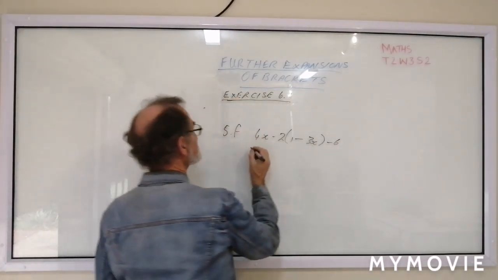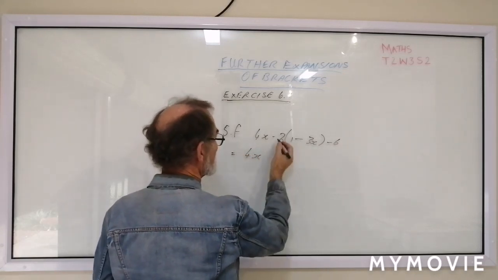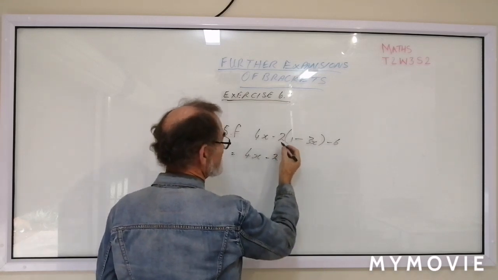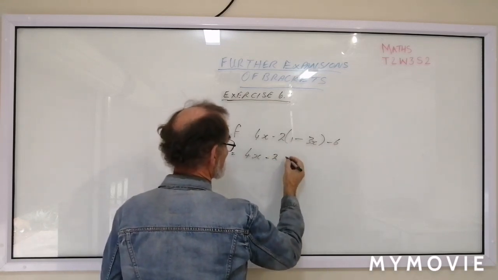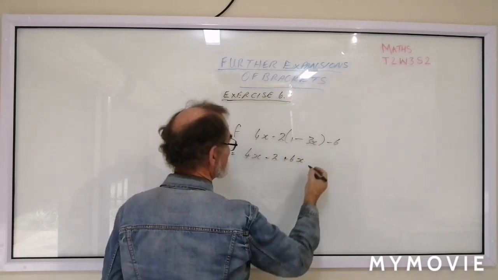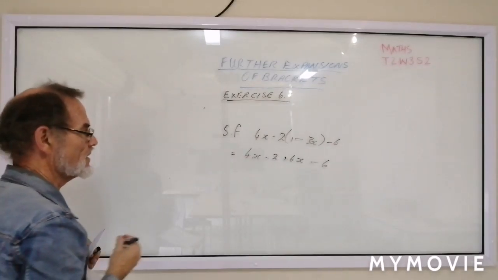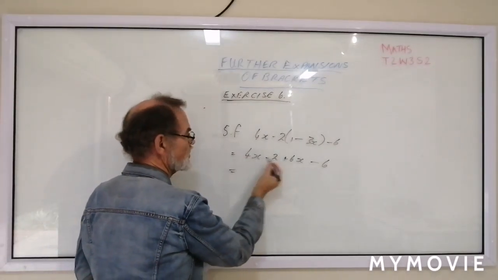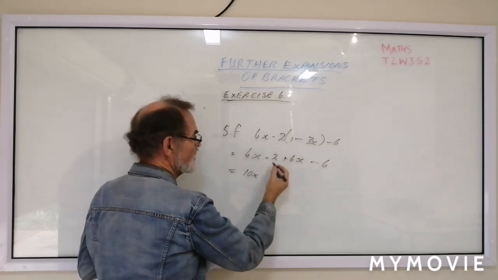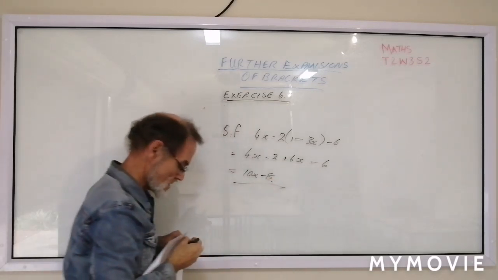The 4x we just rewrite here, carry it down. 2 times 1 is 2, but it's minus 2. And 2 times 3 is 6, but it's plus 6, and don't forget the x. And this minus 6 is just minus 6, stays minus 6. Now we can add the like terms. These two are similar terms, so this is 10x. 4 plus 6, and minus 2 and minus 6 is minus 8. Here's your answer.